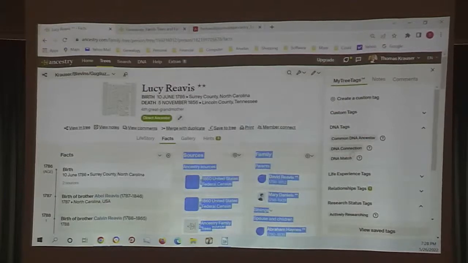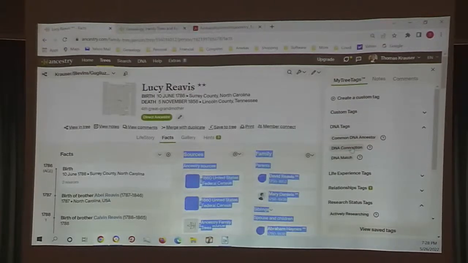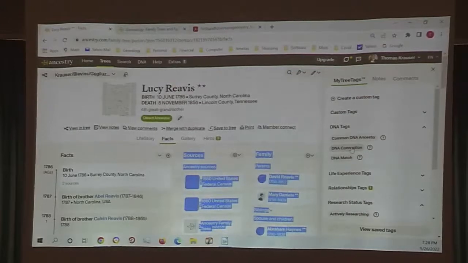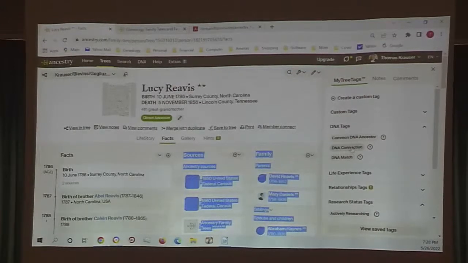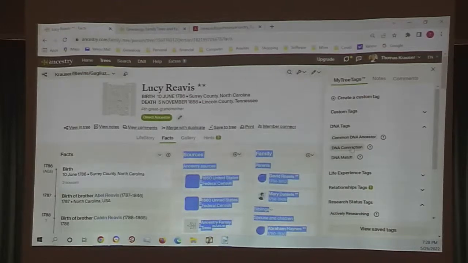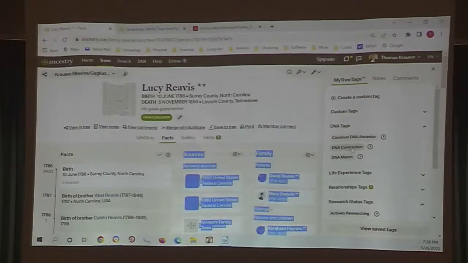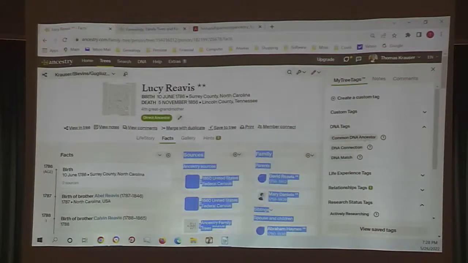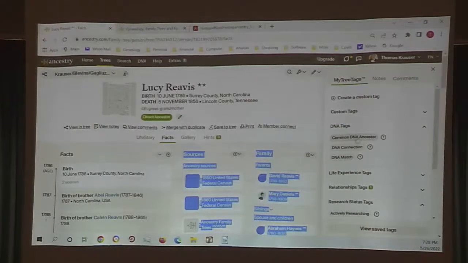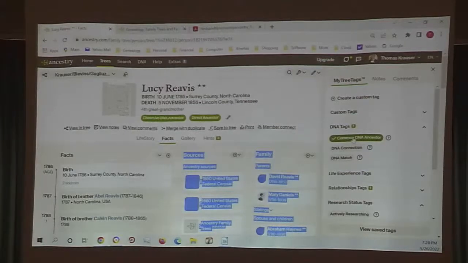A DNA connection means that there are DNA through lines coming through that person. So Lucy Rivas is a direct ancestor. She would also be a common DNA ancestor. So if I clicked here, I assume she is, it puts the green tag under her name. Common DNA ancestor.